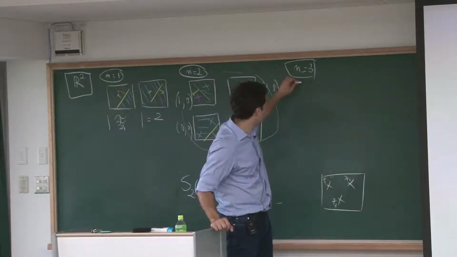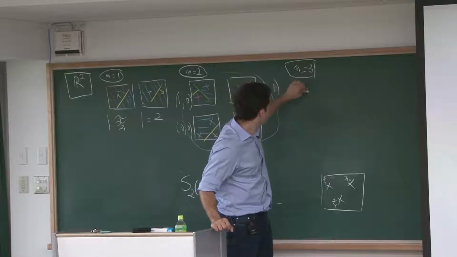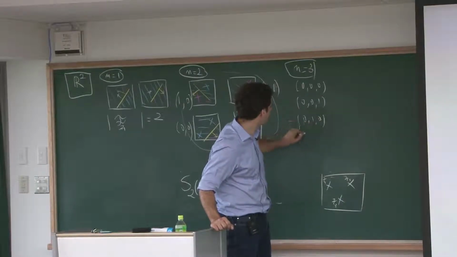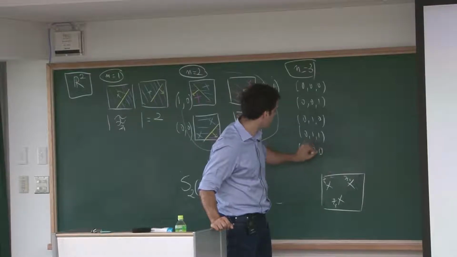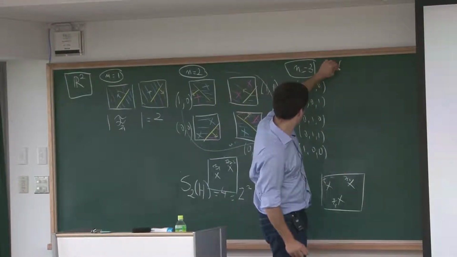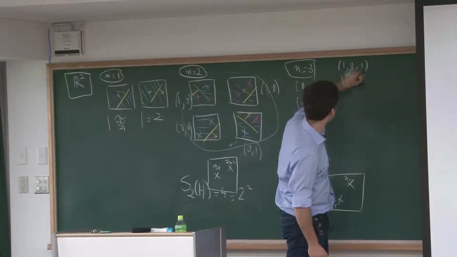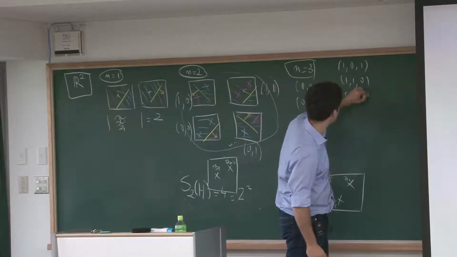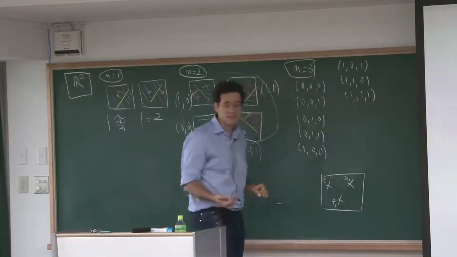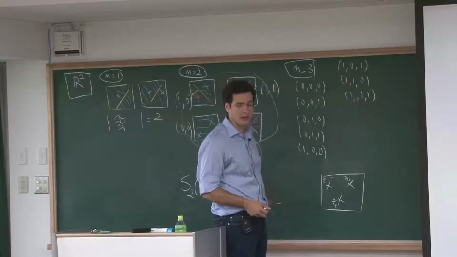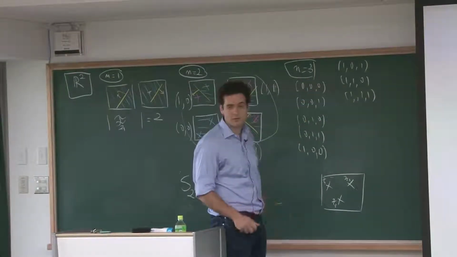Could I come up with a hyperplane which will be 0, 0, 0, 0, 0, 1, 0, 1, 0, 0, 1, 1, 1, 0, 0, 1, 0, 1, and 1, 1, 0, and 1, 1, 1? Well, yes, it's easy to see that if I just pick one of those, I'll be able to realize it.